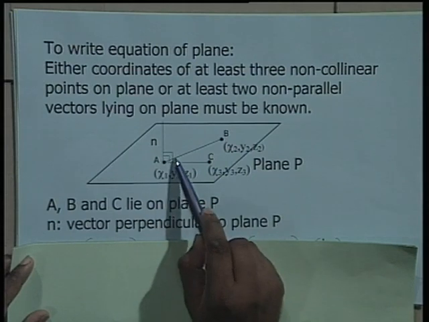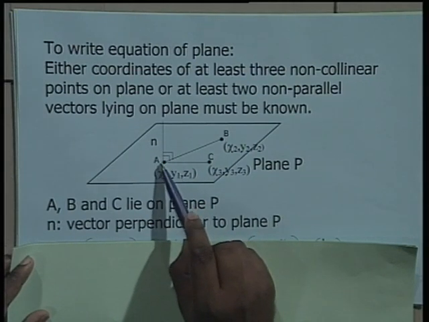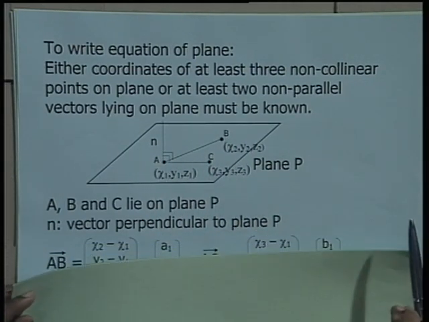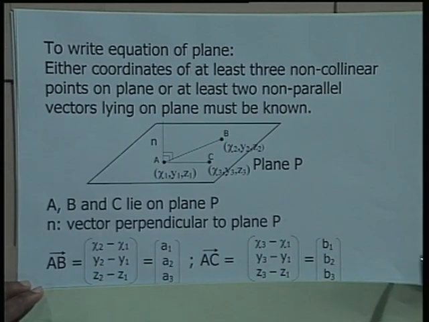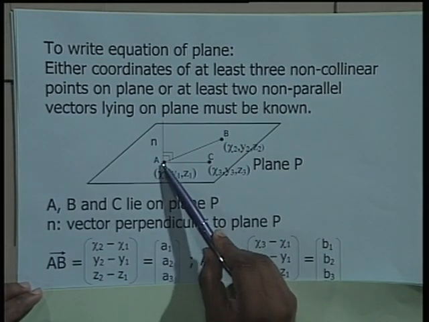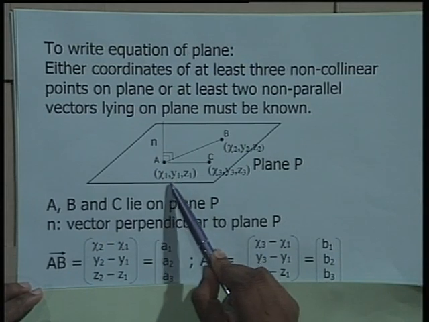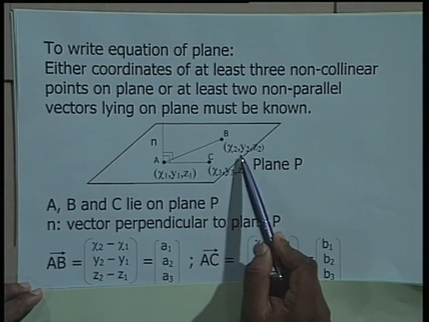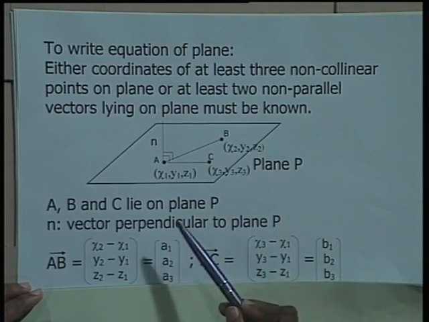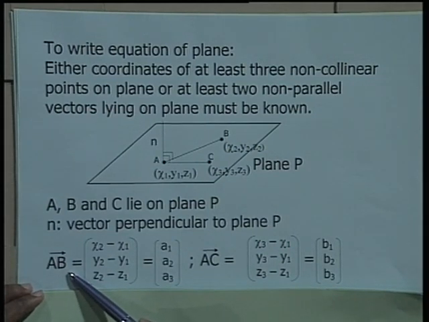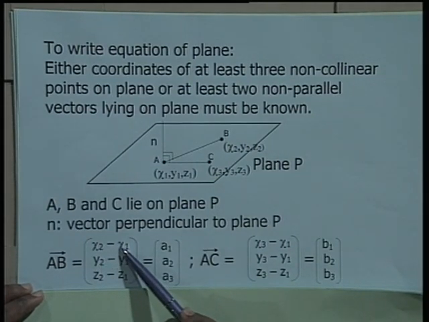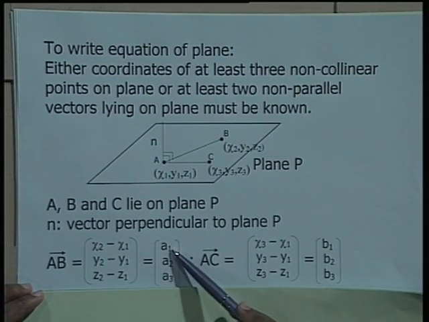Since it is perpendicular to the plane, it will be perpendicular to the vector AC and to the vector AB. Now, since A has coordinates x1, y1, z1, B has coordinates x2, y2, z2, therefore the vector AB can be expressed as x2 minus x1, y2 minus y1, z2 minus z1, which is a1, a2, a3.